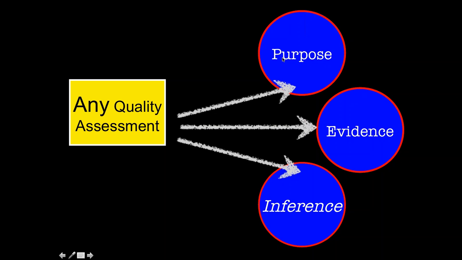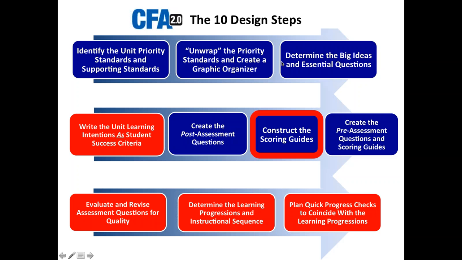I'm going to walk us through some quick examples here on this first webinar on scoring guides. You can see where scoring guides fall in Larry's 10-step design process. And for those of you that have been in the cohorts, you realize that while all of these pieces do fit together as a nice, effective puzzle, so to speak, all of these practices really are bread and butter, just quality instructional assessment actions that teachers should take.